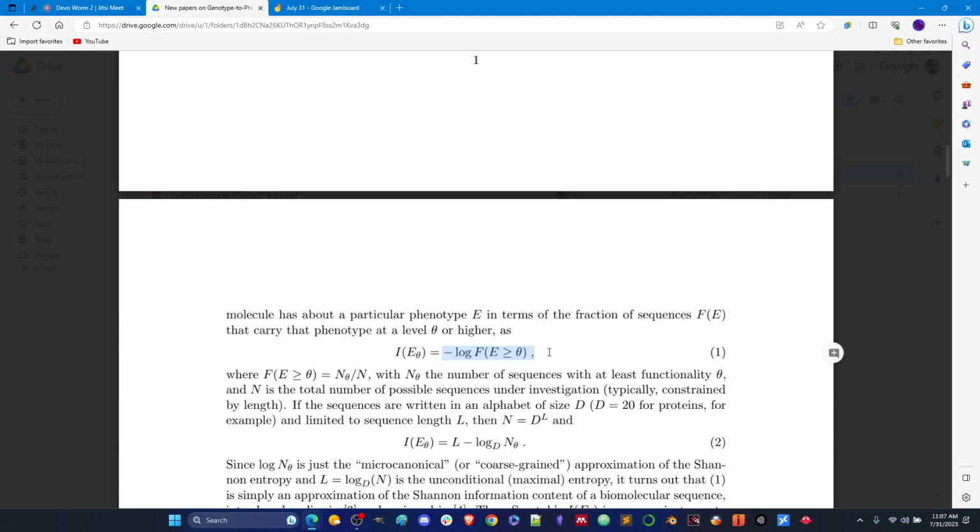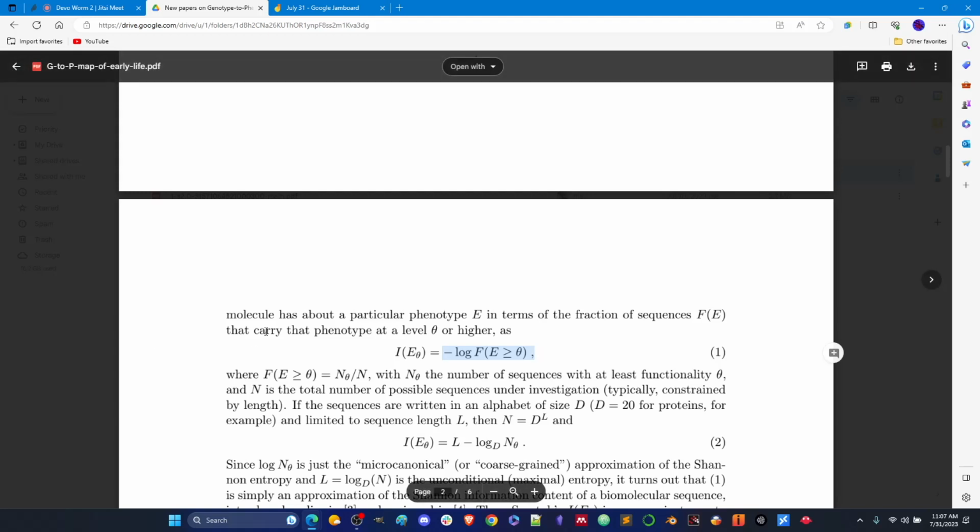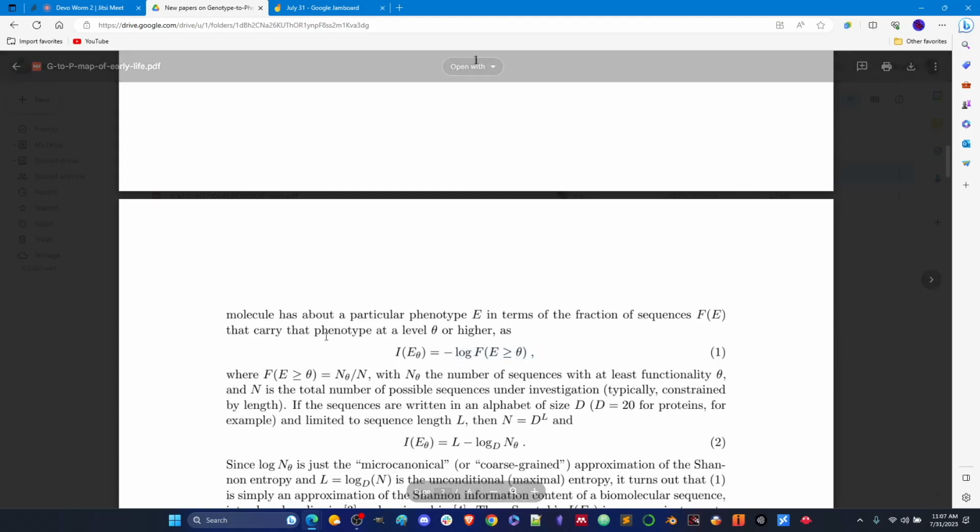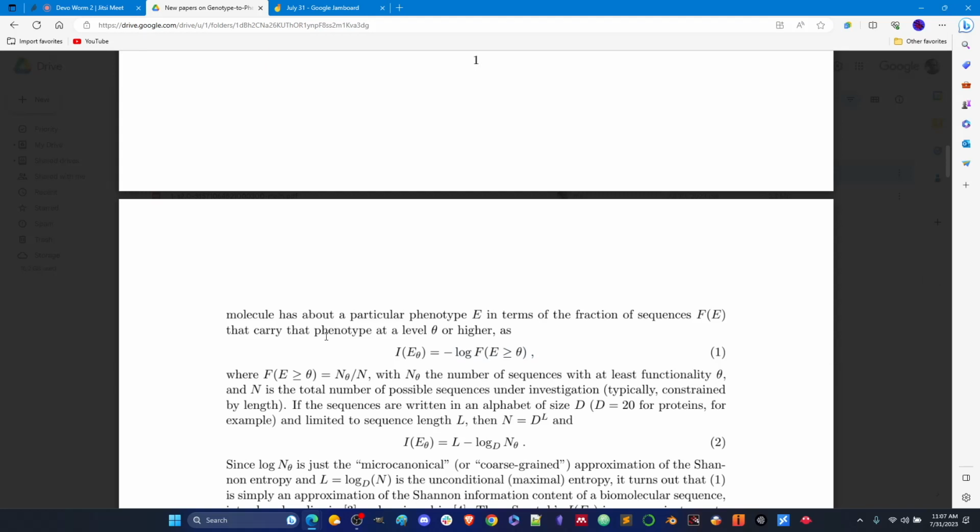It's a fraction of sequences that carry the phenotype, and there's a threshold for the phenotype being carried. The phenotype might be cryptic, or it might be very distinct, and it has to be at a certain level. And this just shows this information measure that they're using. It's basically negative log. So that tells us something about the information.